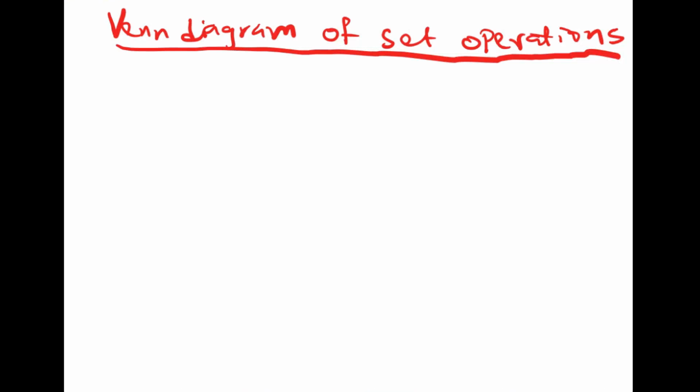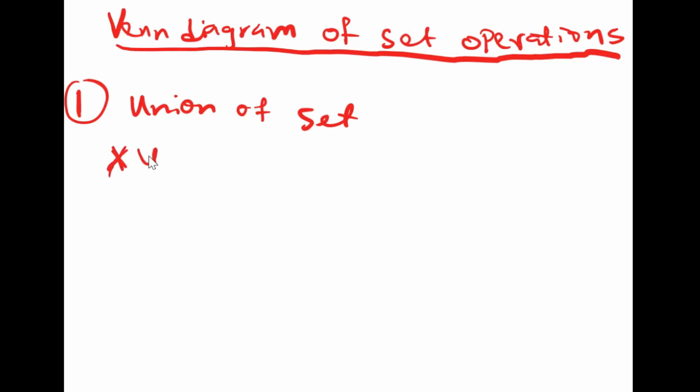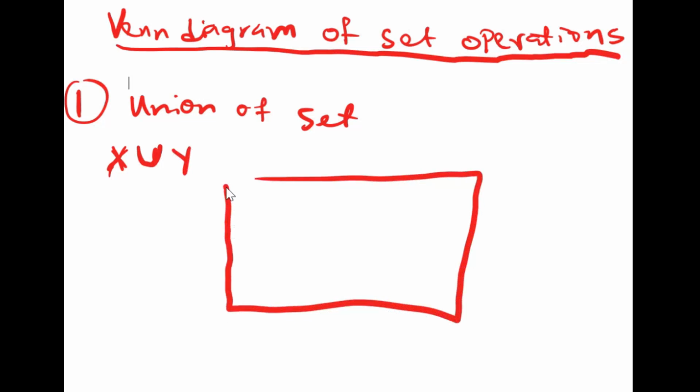The first set operation we shall look at is union of sets. If I have two sets X and Y, therefore the union of X and Y will be represented as X union Y. In the Venn diagram, we have this as the representation.